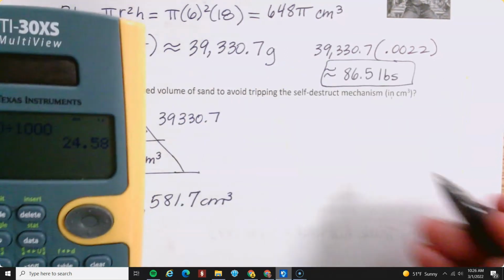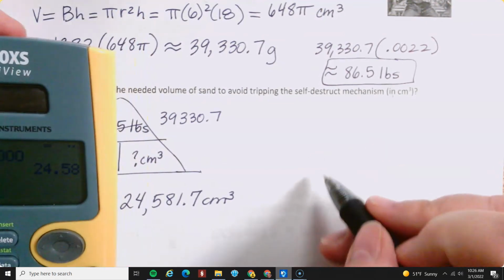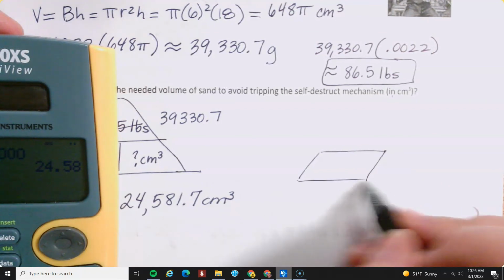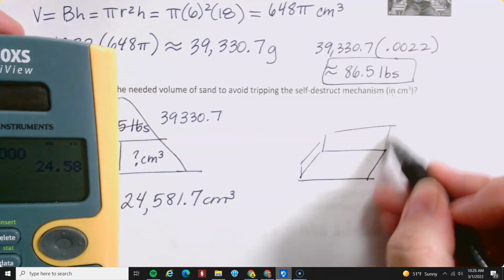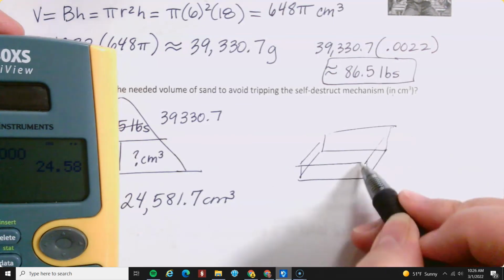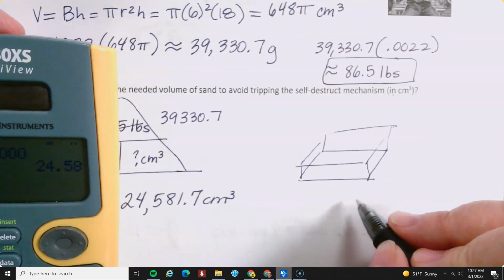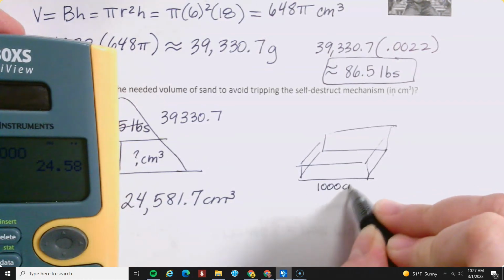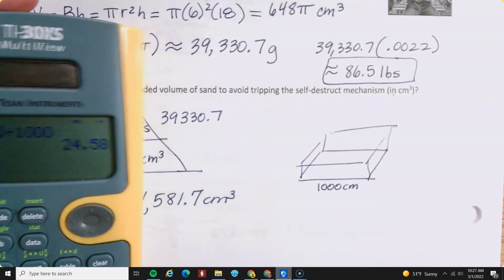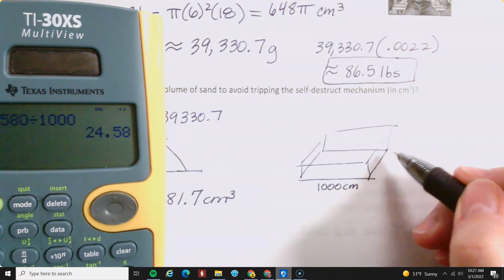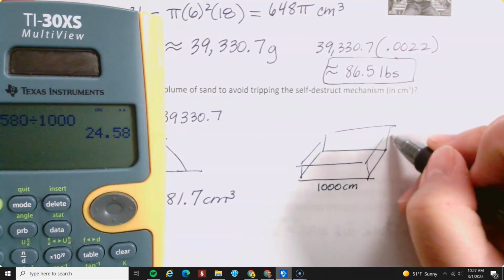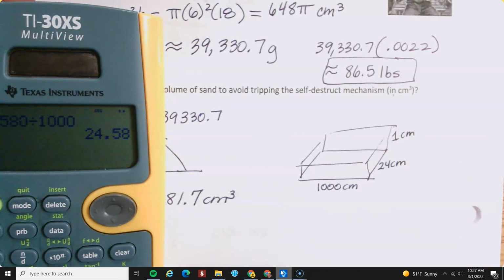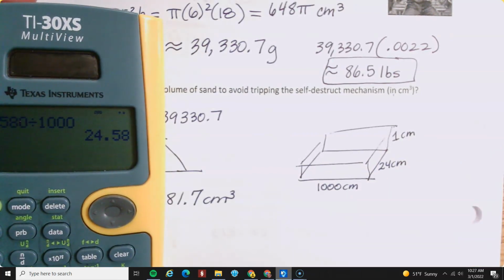So like if I had a box, oh boy, I'm not doing very well with this box, where the base of the box had a length of 1,000 centimeters, then the height times the width would have to be 24. So let's just think of, what if the height was only 1 centimeter? 24 centimeters. Okay?